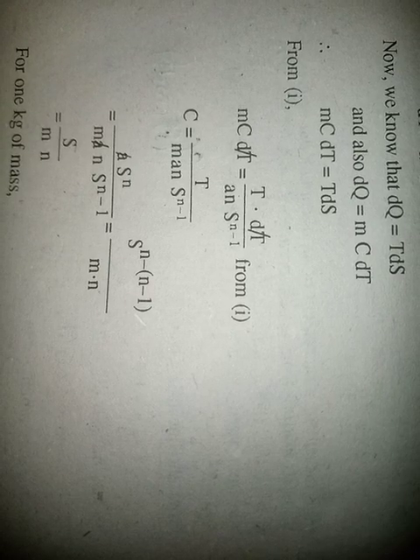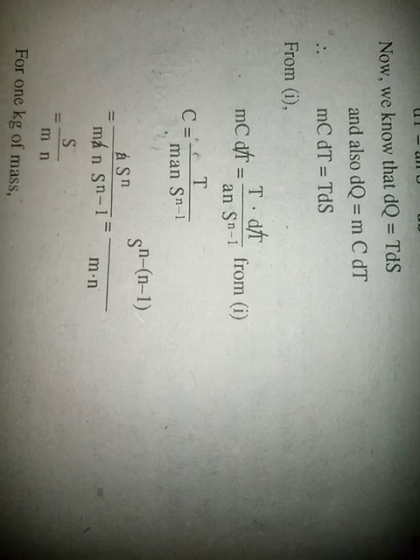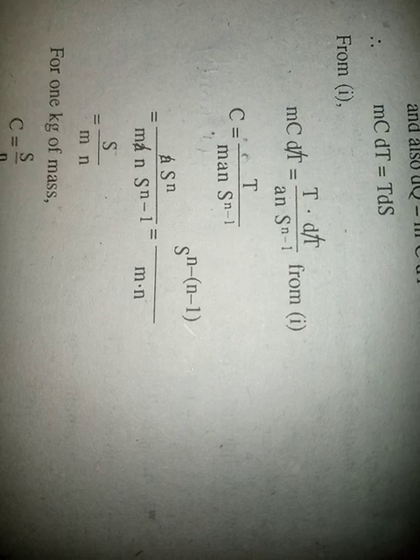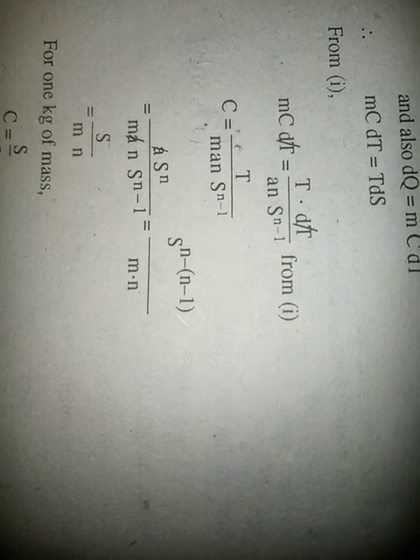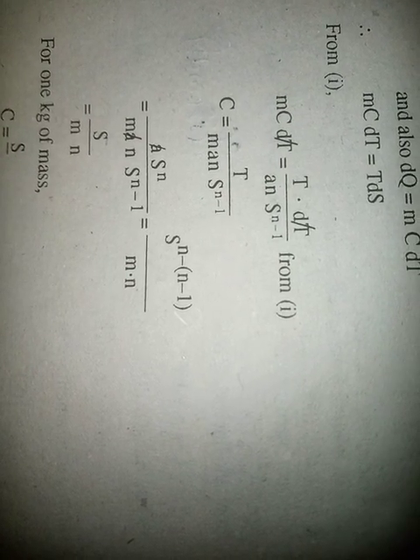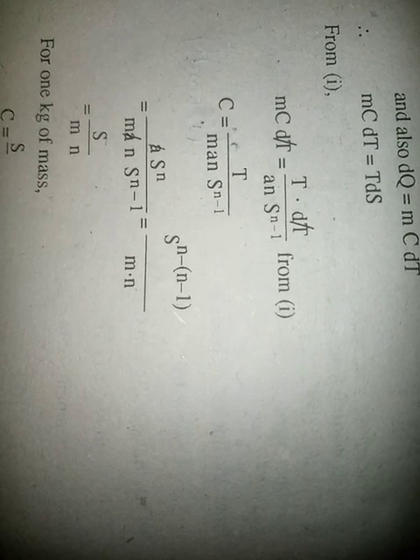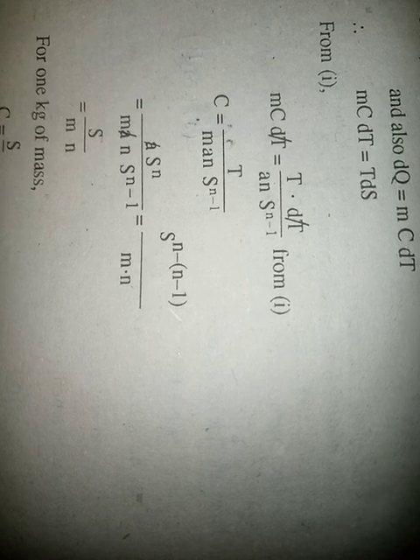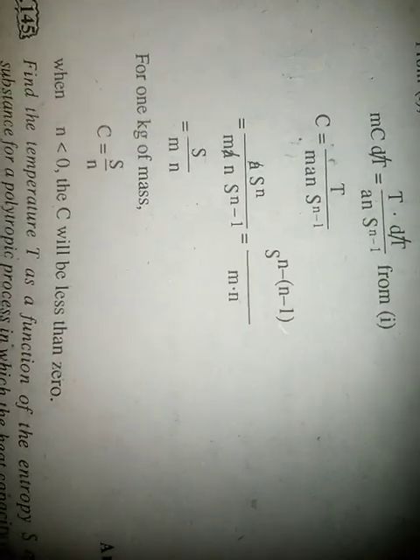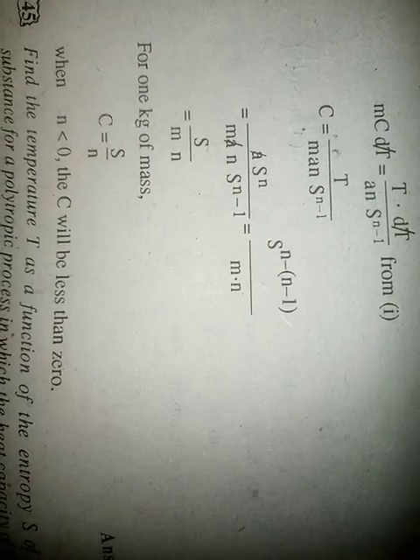So C equals T by m times A times n times S to the power n minus 1, which equals S to the power n by n times S to the power n minus 1, which equals S to the power n minus (n minus 1), divided by m times n, or C equals S by m times n. So for 1 kg of mass, C equals S by n.